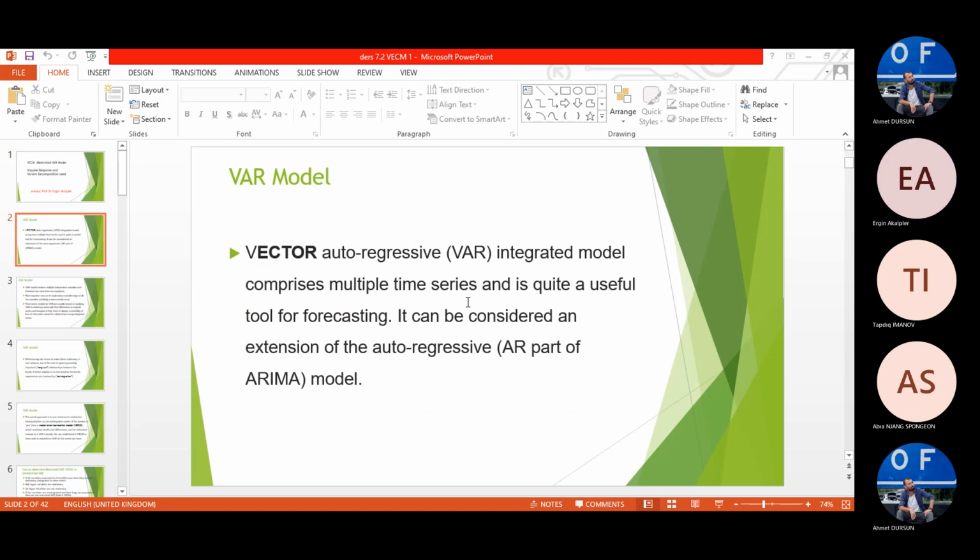Vector autoregressive integrated model comprises multiple time series and is quite a useful tool for forecasting. It can be considered as an extension of the autoregressive model, the so-called ARIMA.